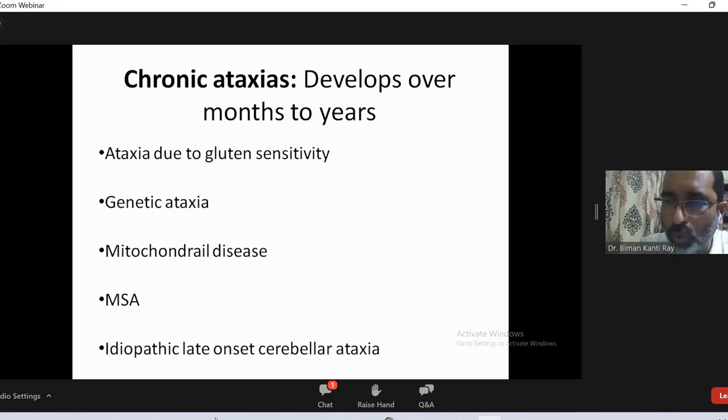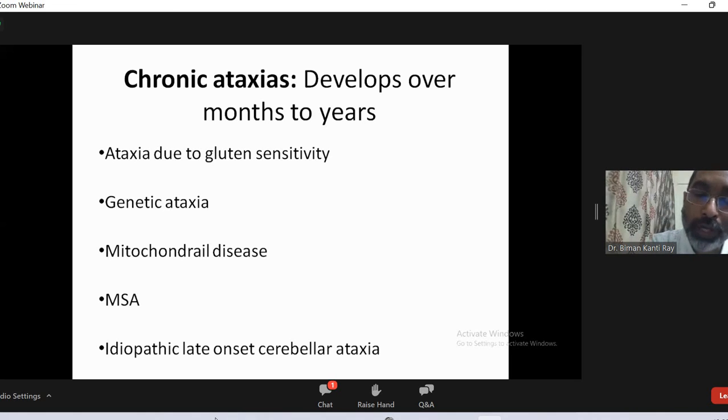So these are the four important chronic ataxia at older age: MSA, paraneoplastic, gluten sensitivity ataxia, and idiopathic late onset cerebellar ataxia. And if it starts at younger age, the most important possibility is genetic ataxia and mitochondrial disease.